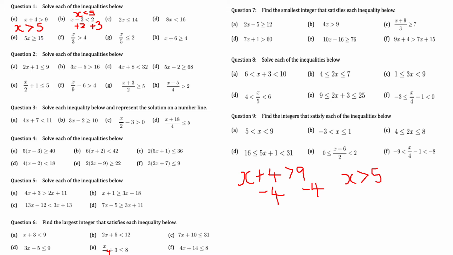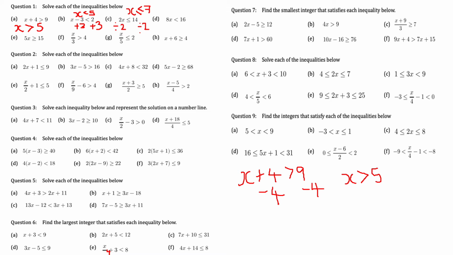Part C: 2x is less than or equal to 14. 2x means 2 times x, so dividing both sides by 2, because the opposite of multiplying is dividing. So x is less than or equal to 7. 14 divided by 2 is 7.